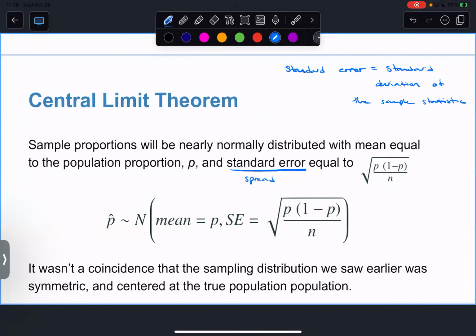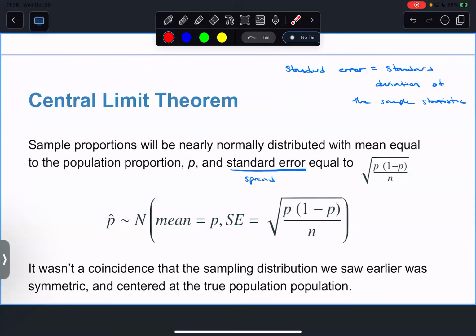It's kind of redundant to say sample statistic, but I'm just emphasizing that a statistic is from the sample. It's just a matter of terminology. It still behaves the same as the standard deviation, because it's the standard deviation of the sample statistic, in this case the sample proportion.